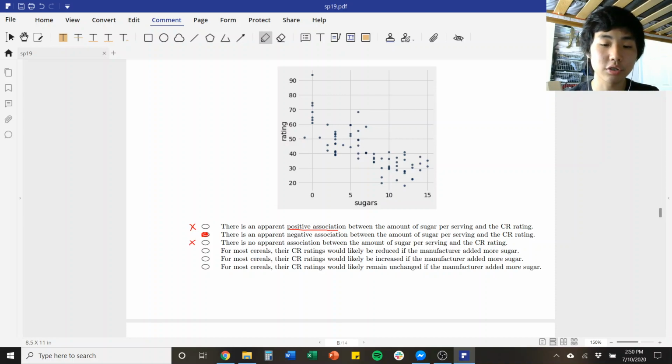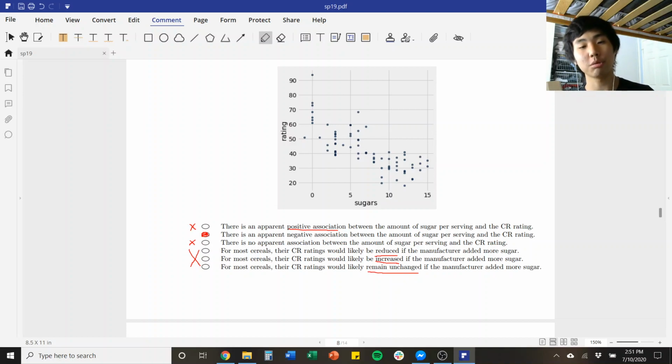Okay. And then it says for most cereals, the rating would reduce if the manufacturer added more sugar, and then the other ones are increased and the rating would not change. So all of these are incorrect because one of these being correct would imply a causal relationship between the amount of sugar and the rating, and we can never prove a causal relationship from just a scatter plot.